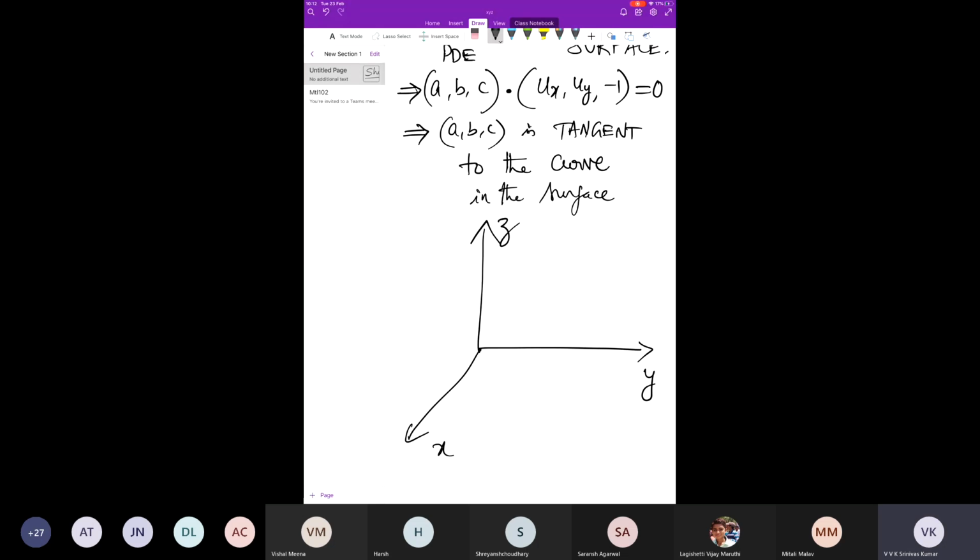Suppose this is our surface, and P is any point on the surface. Take any point in the surface. The surface is nothing but a composition of many curves. It is the sum total of all the curves, right?